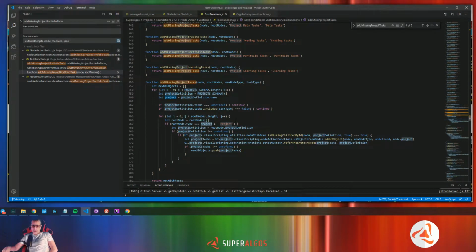Okay, here is this thing. This is where it adds in the project. What is this node?